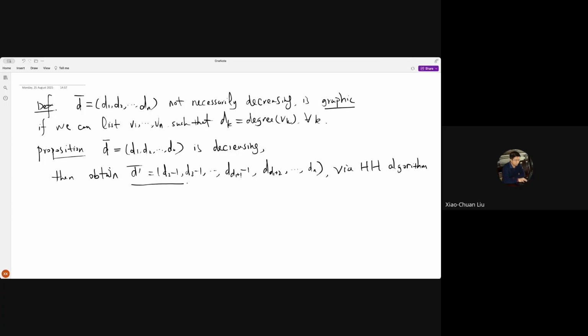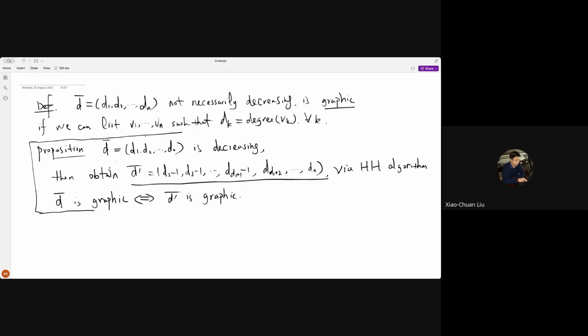But the problem now is that if we start with D bar, this D prime bar is not necessarily decreasing anymore. And the proposition says that D bar is graphic if and only if D prime bar is graphic. So there is a mistake I made last time.